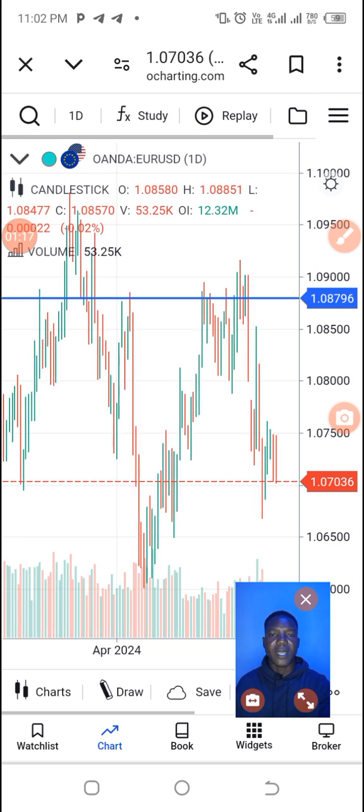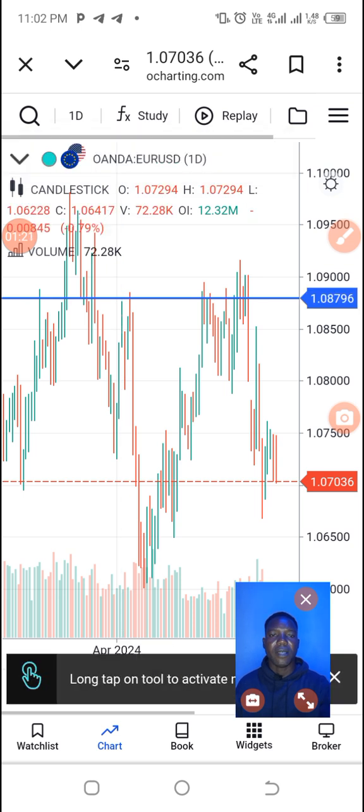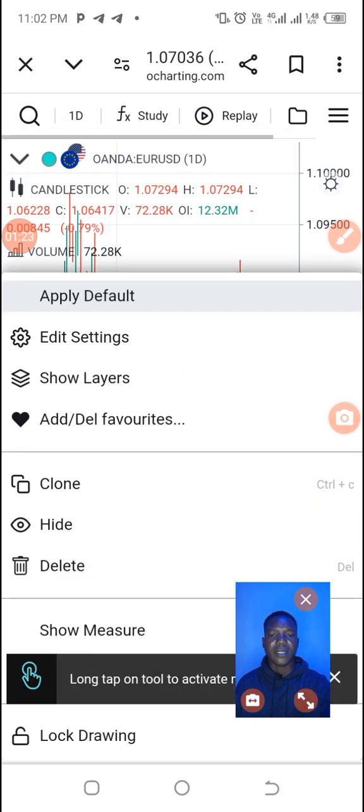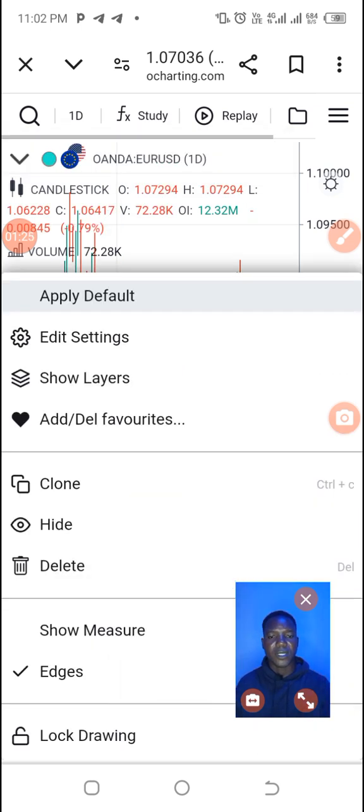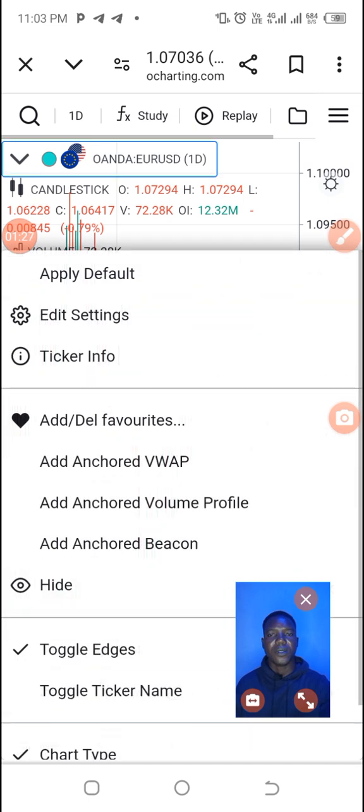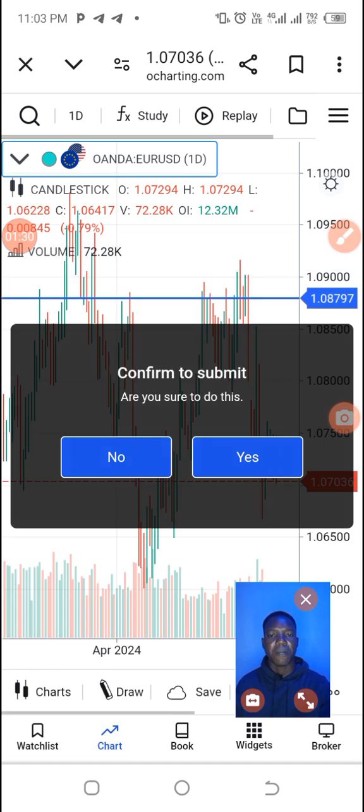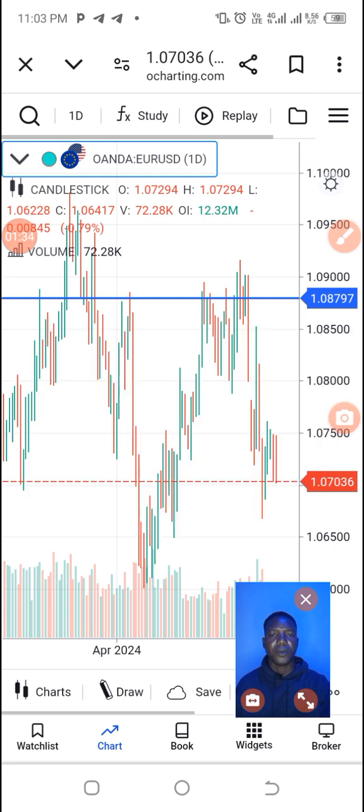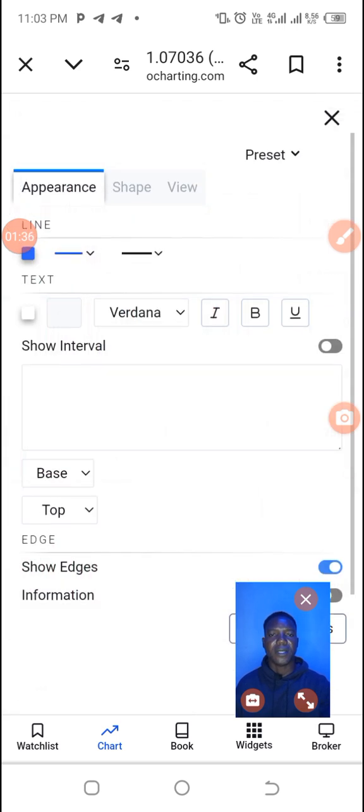If you can see where my hand is, right here. That is liquidity. So right there, there's liquidity.